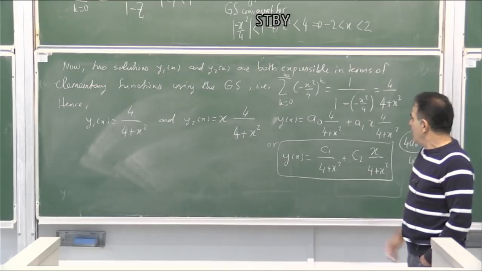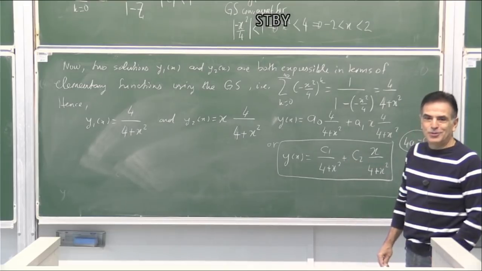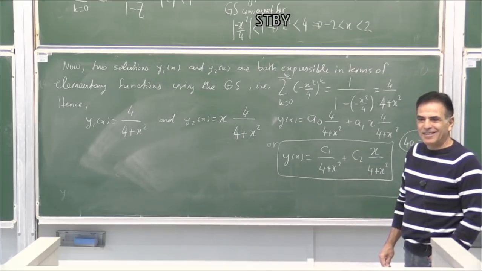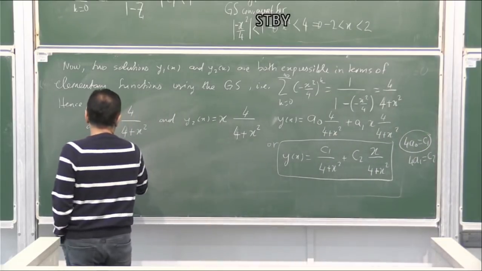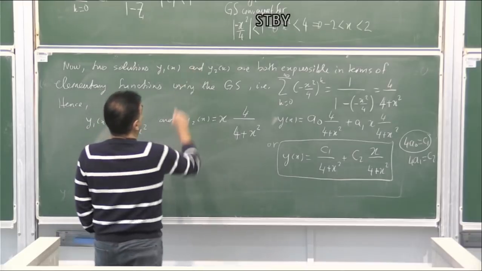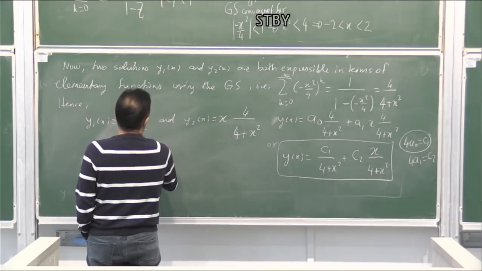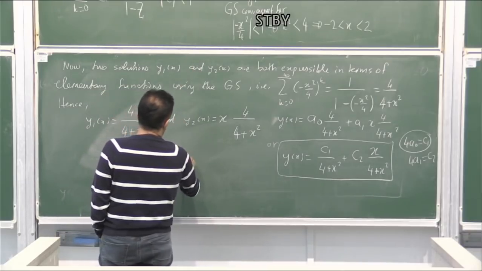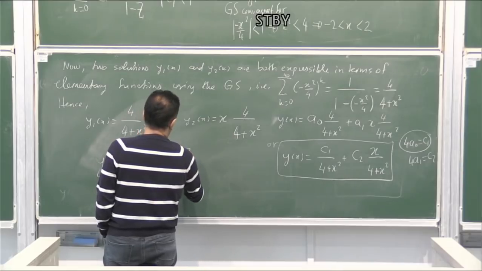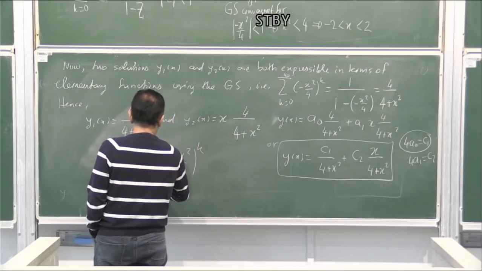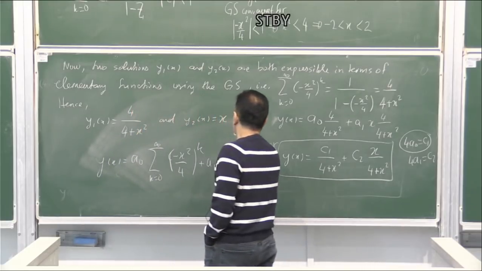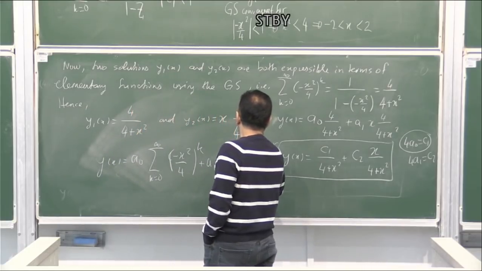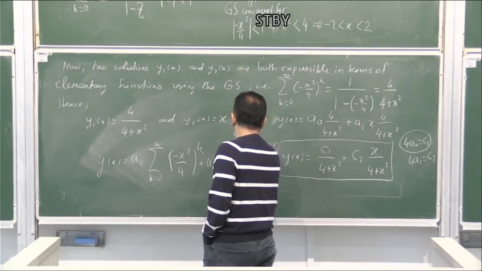Now, what about the validity of these two solutions? If you write the solution in terms of power series like this, a0 times the sum of minus x squared over 4 to power k plus a1 x times the sum of minus x squared over 4 to power k.